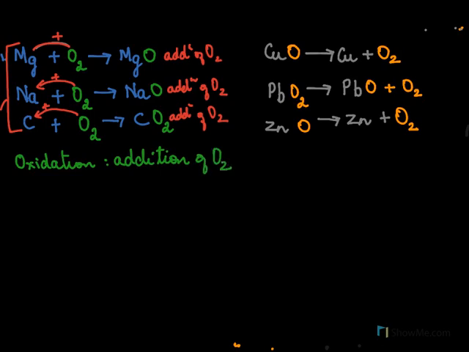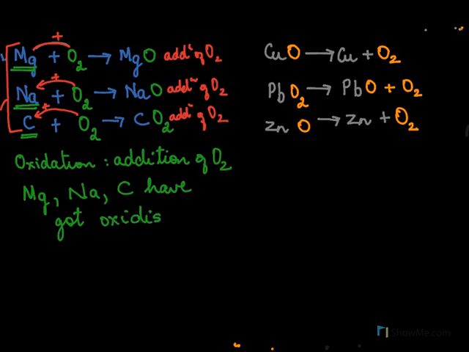So we can say that magnesium has got oxidized because it has added on to oxygen. We can say sodium has got oxidized, and carbon has got oxidized. Why do we say they have got oxidized? Because oxygen has added on to them.